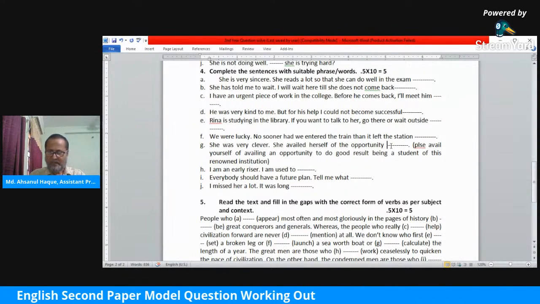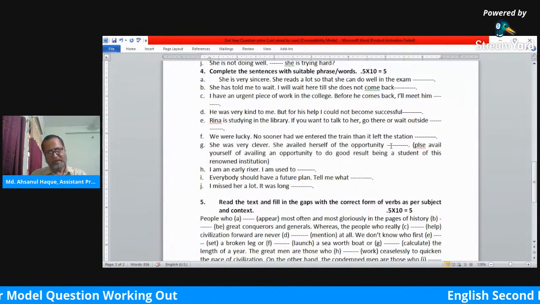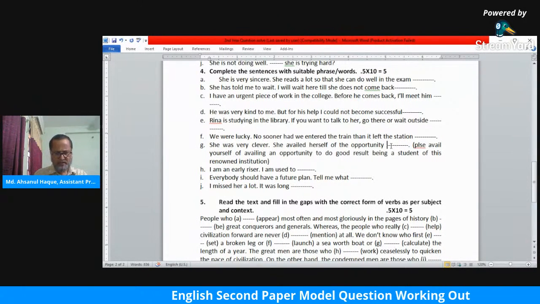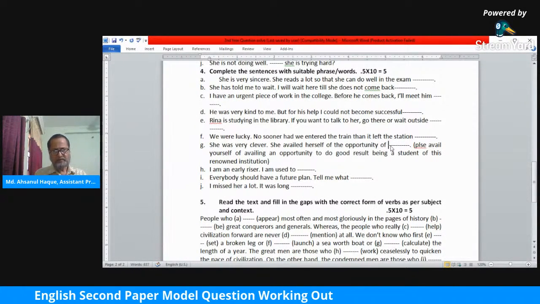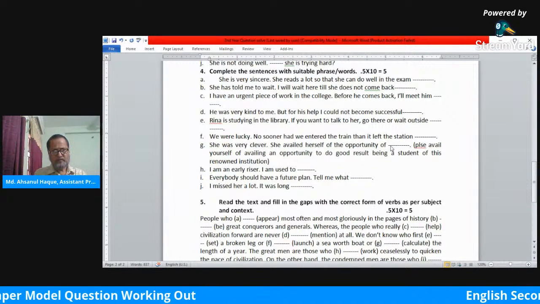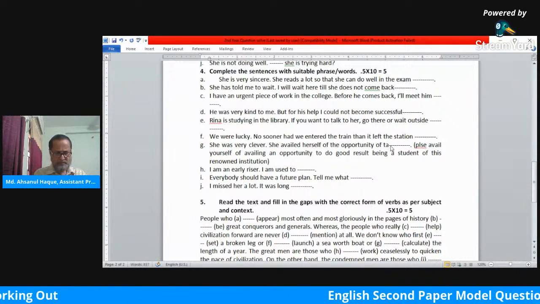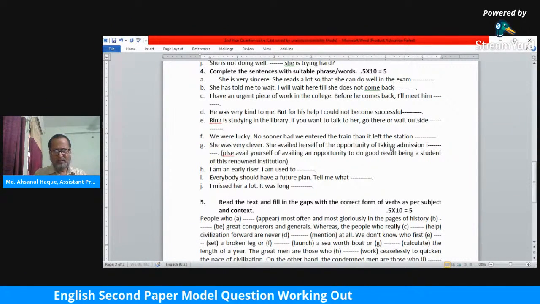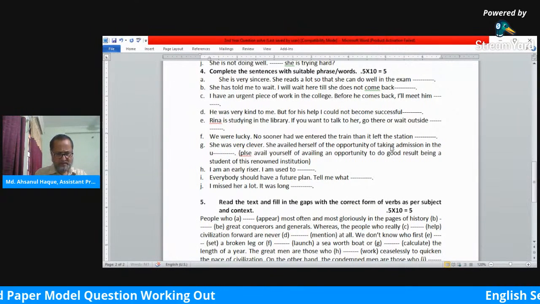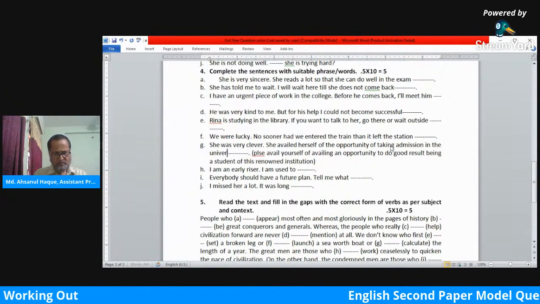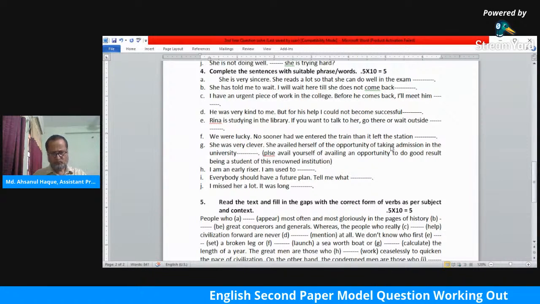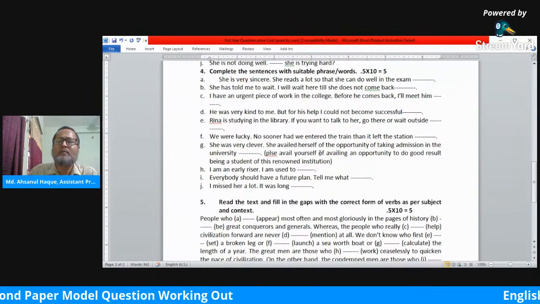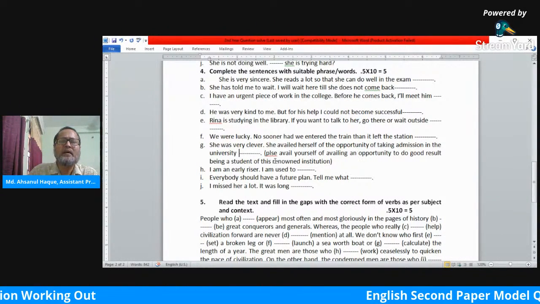But you can make the line more clear. She availed herself of the opportunity of taking admission in the university.